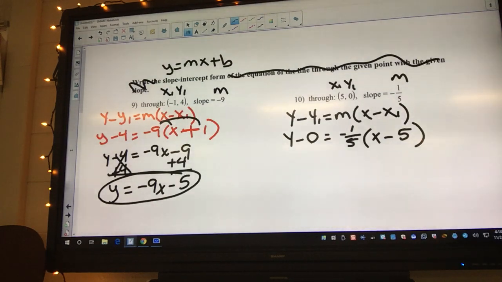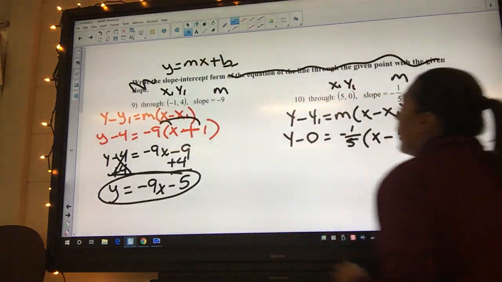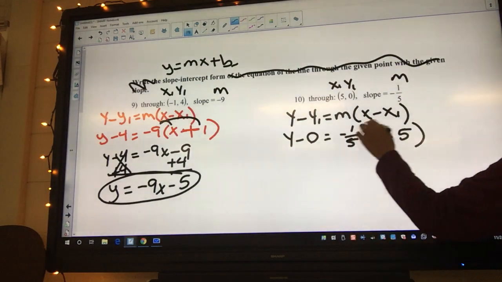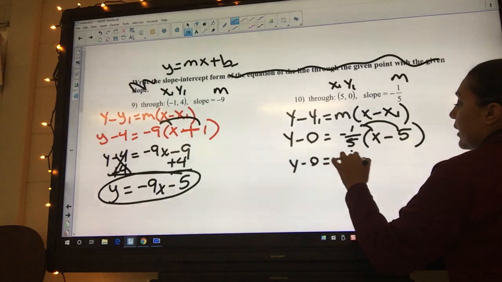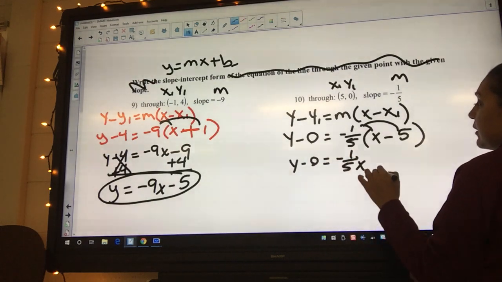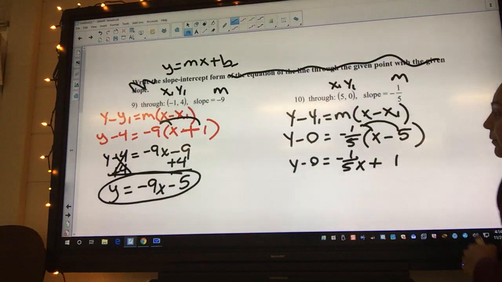It's just the same as the other one. We need to use our order of operations first. We're trying to get y all by itself. That's the whole goal here, to get y by itself. So we're going to distribute. So I got y minus 0 equals negative 1/5 x plus 5 over 5, so it's just going to be 1.